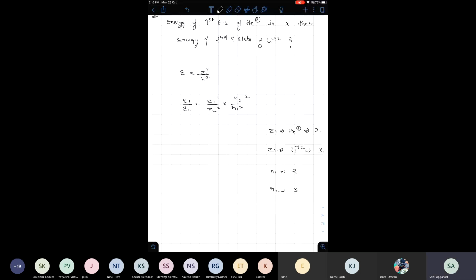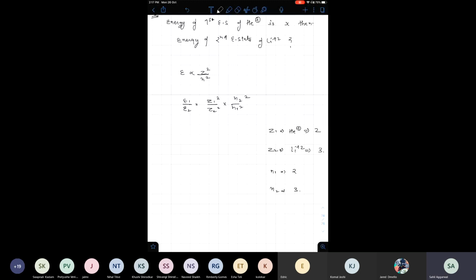Any problem to anyone in Z and N value? All of you understood what do you mean by excited state? In case of excited state, we have to take n plus 1 value. If it is your second excited state take 3. If it is your third excited state, take 4.